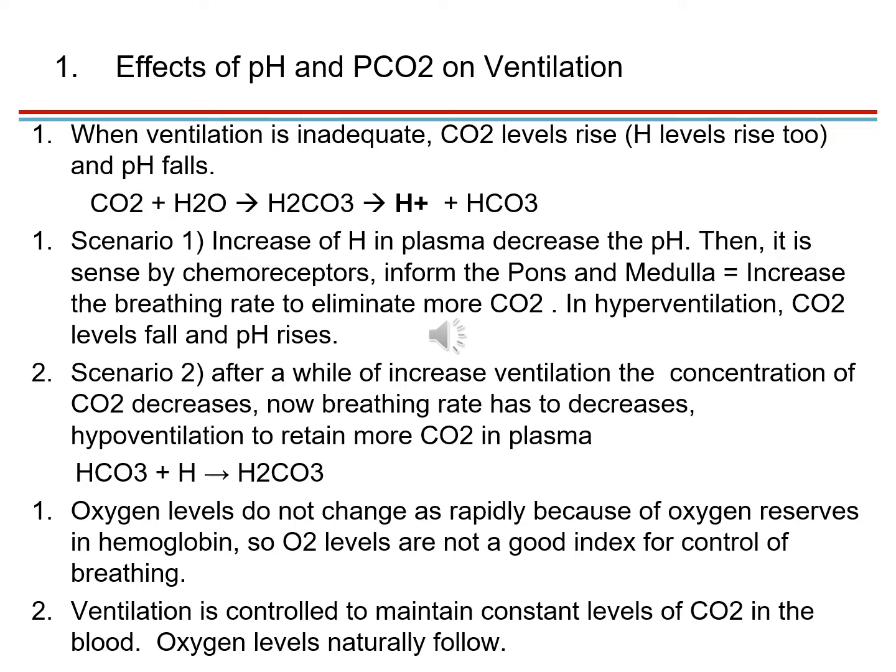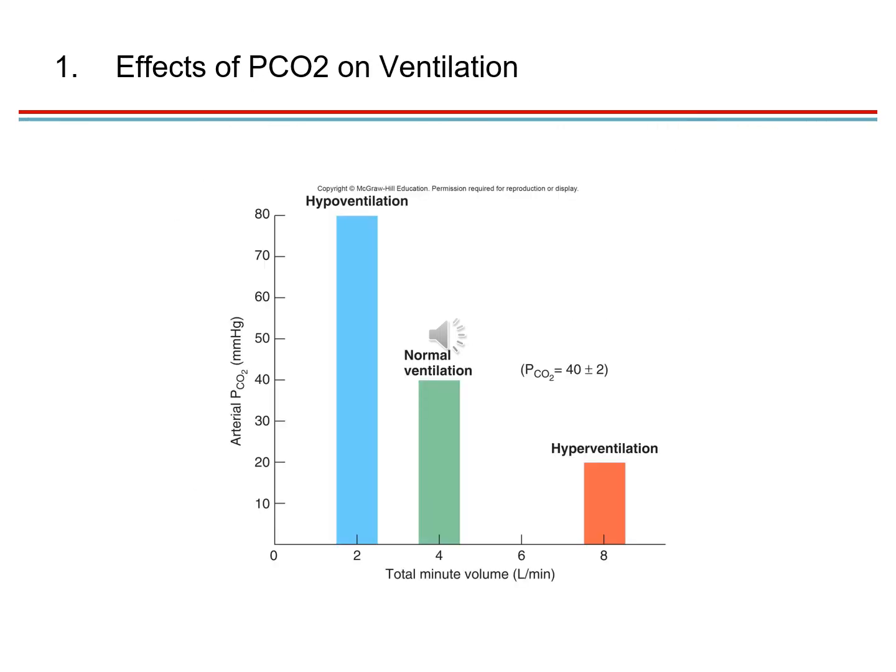So ventilation is controlled to maintain constant levels of carbon dioxide in the blood. Oxygen levels naturally follow. This is a very clear graphic about the effect of hypoventilation, normal ventilation, and hyperventilation on the levels of pressure of carbon dioxide.